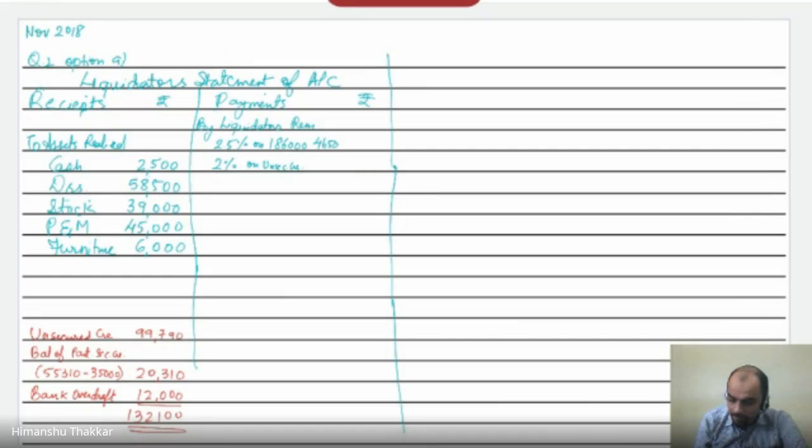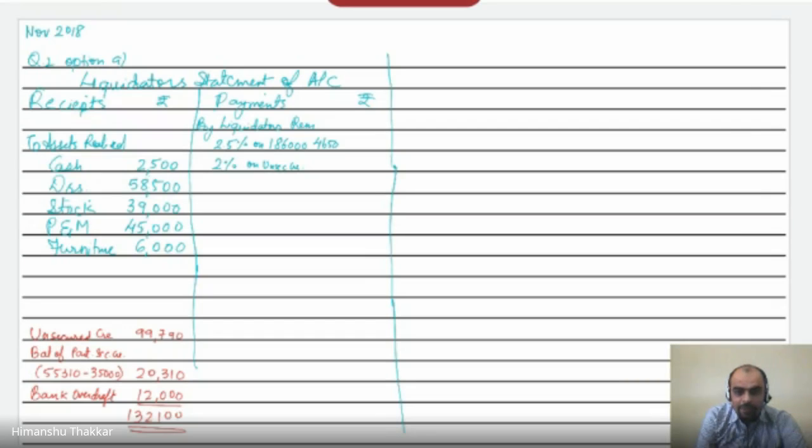Okay. Now we pay the money to the unsecured creditors. But the problem is, when you are doing a university sum and it is for 7 marks, you cannot just think that everything will be straightforward. Before writing this remuneration, you have to check whether you have that much amount in your hand or not.